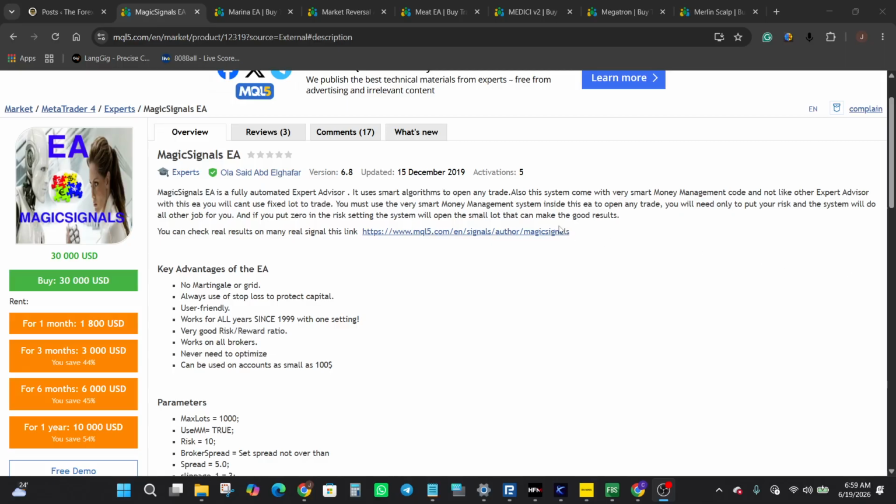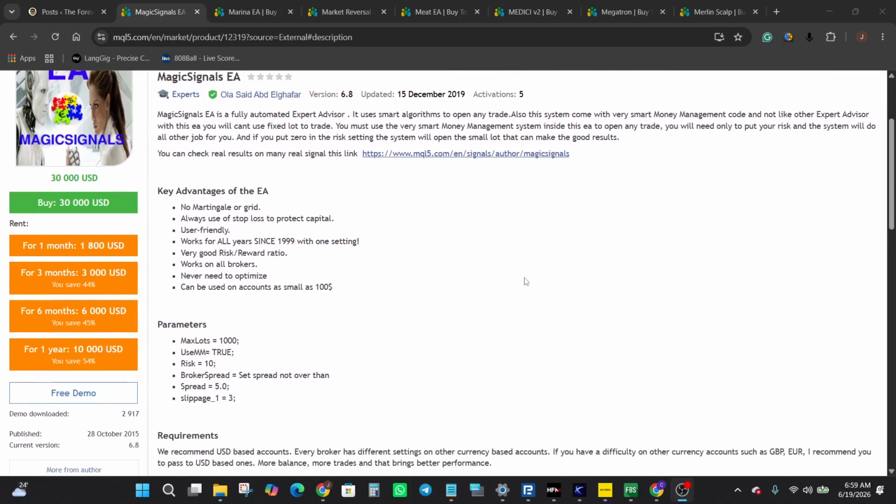Now, one thing that immediately stands out is the emphasis on money management. The developer specifically states that this EA is designed to use its built-in money management system rather than fixed lot sizing.